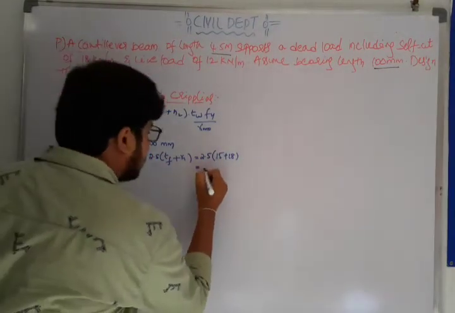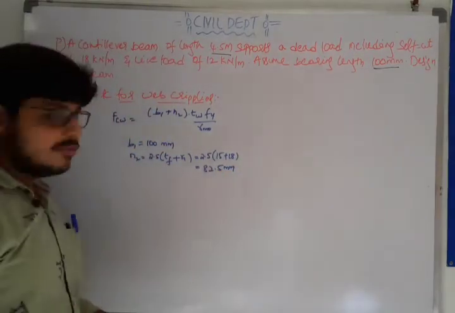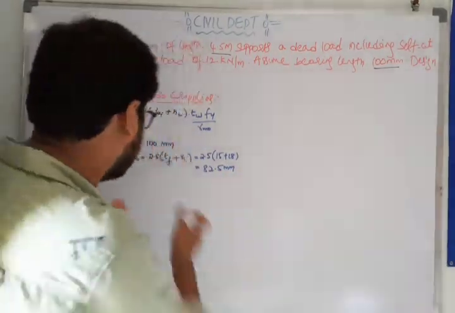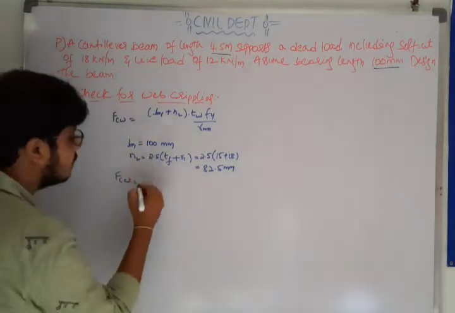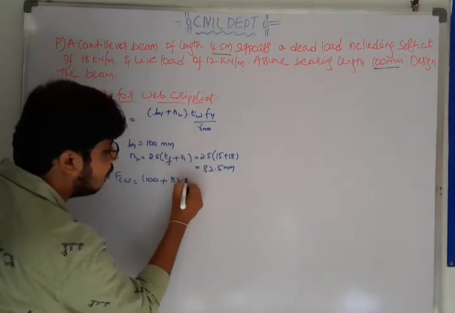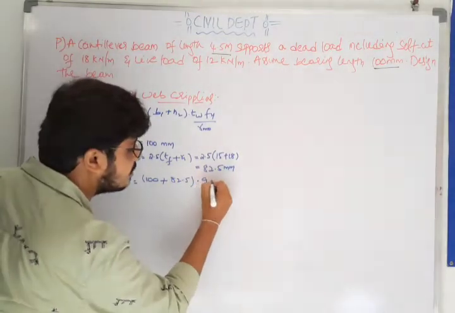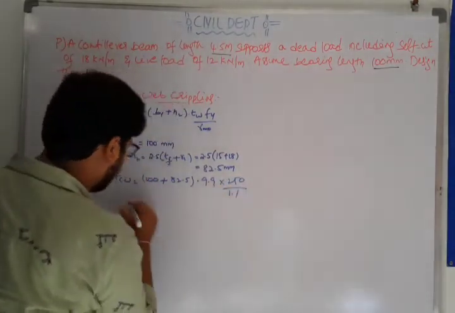N2 is 82.5 mm. By substituting the values in F_CW, we have (100 plus 82.5) into thickness 9.9 into 250 by gamma 1.1.